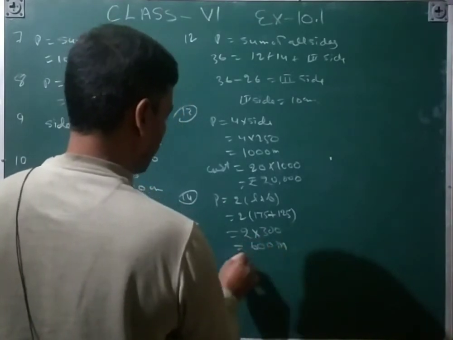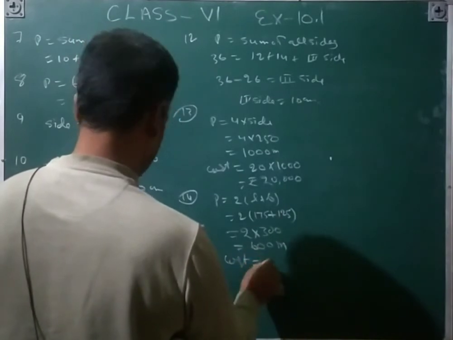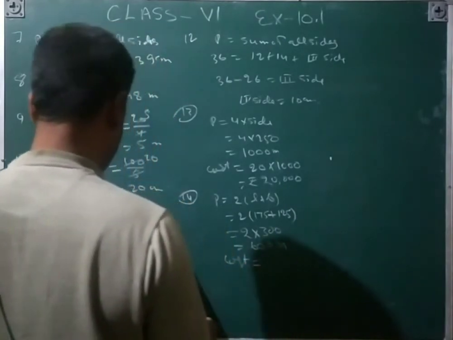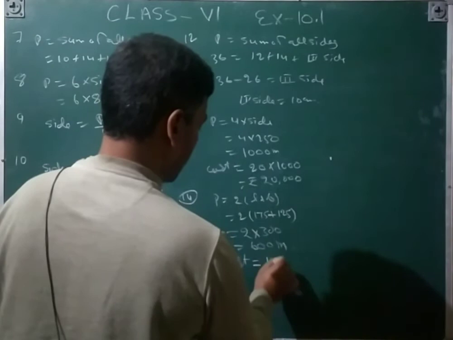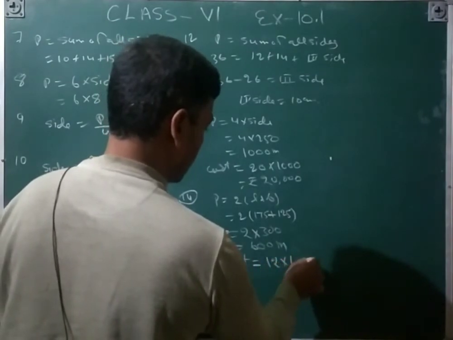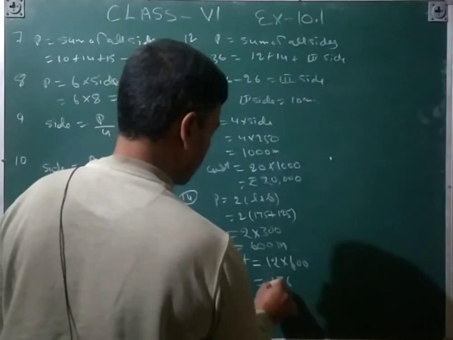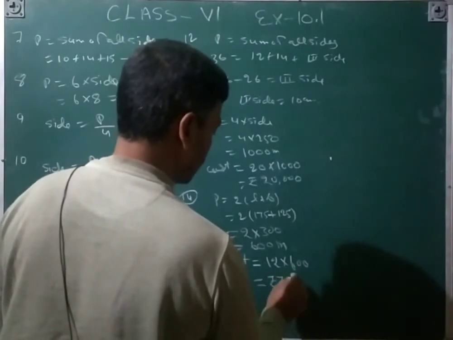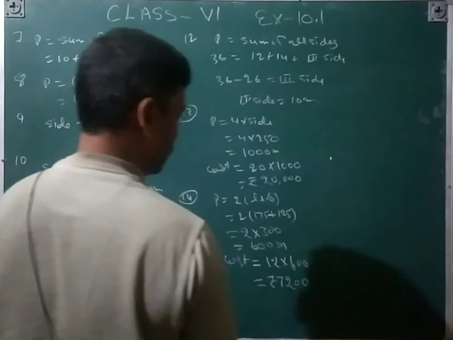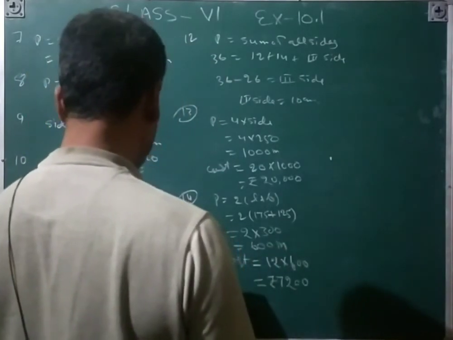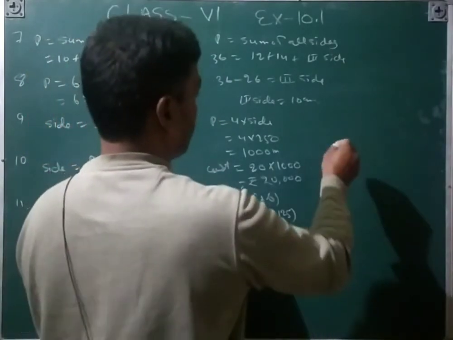Now the cost is equal to 12 multiplied by 600. That is 7,200.